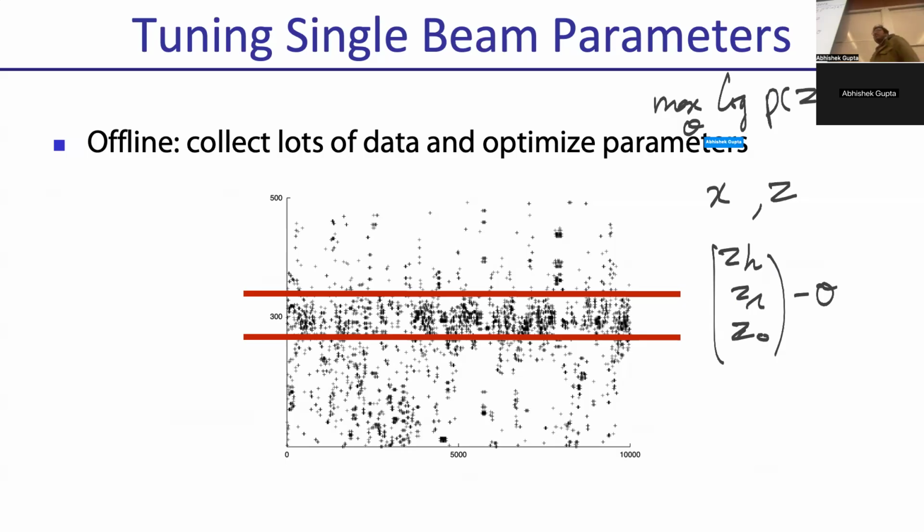So you try to choose the parameters which maximize the likelihood of the actual data that you see. This is what you'd often call maximum likelihood estimation, right? You're saying that when I choose the parameter theta, the likelihood of getting the reading z when I'm at the true x is P of z given x, theta. And I want to maximize the likelihood. I want to choose the thetas which maximize the likelihood of the actual data that I've got.